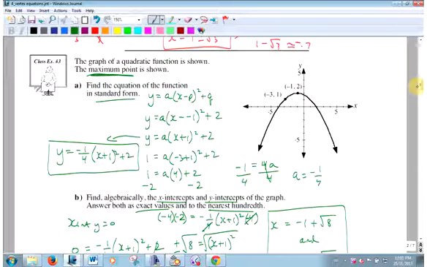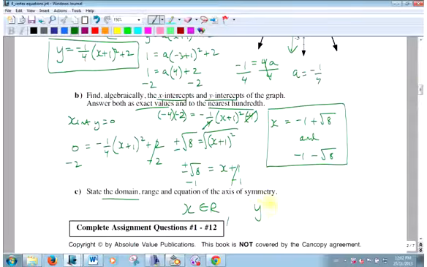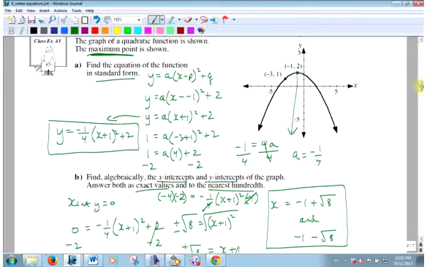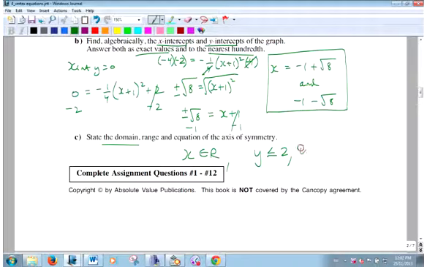Do I have the maximum point? How do I write the range? Range is y values. In English, everything from this point down. How do I write that in math? Less than or equal to, what's that point? 2 is how high it gets, where y is the sum of all real.